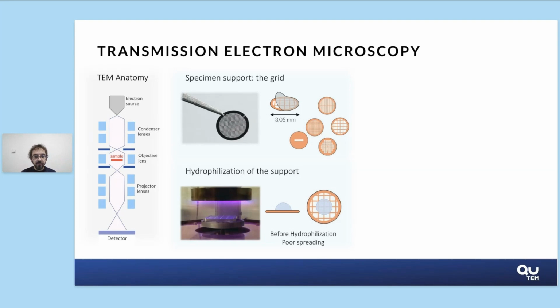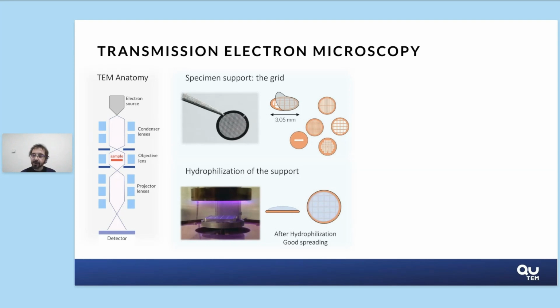So the carbon after that will be charged. So if I take my grid after this hydrophilization step and place my specimen, then I will have a proper and more homogeneous spreading of the specimen. So that's it for the very basics of sample preparation.